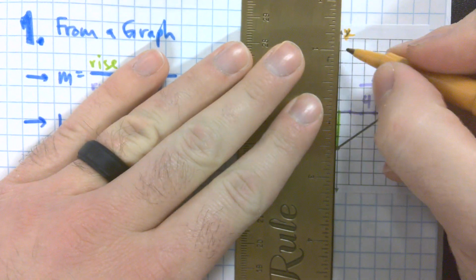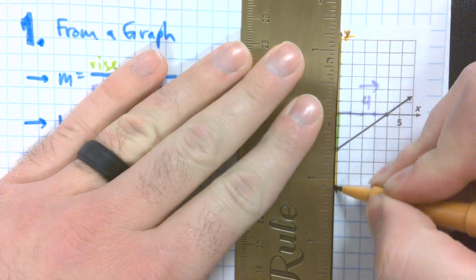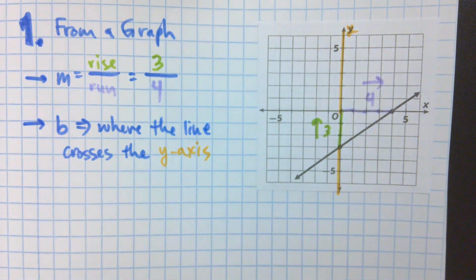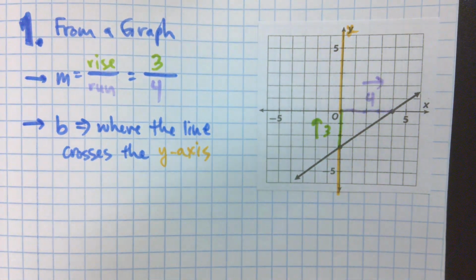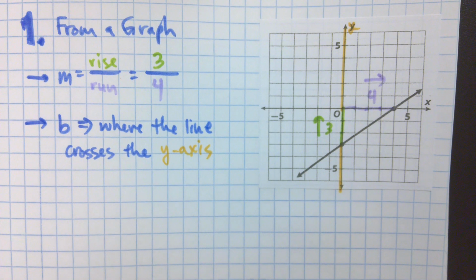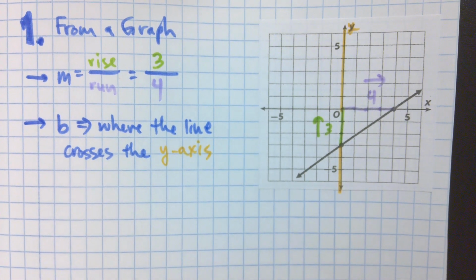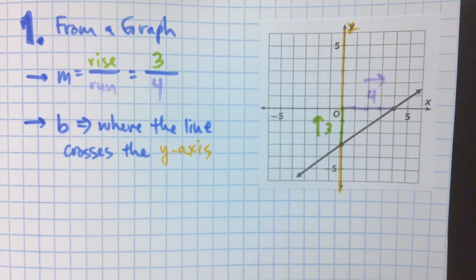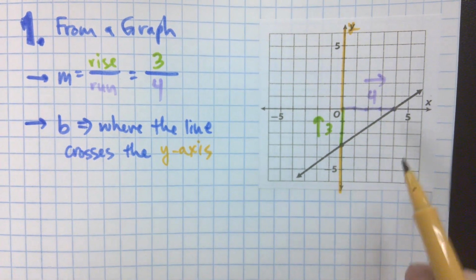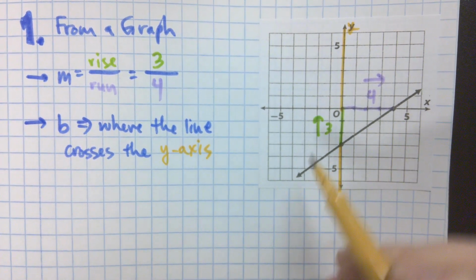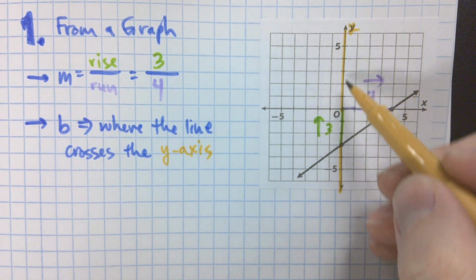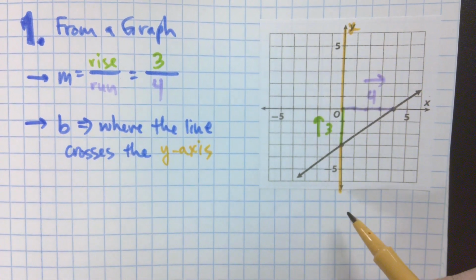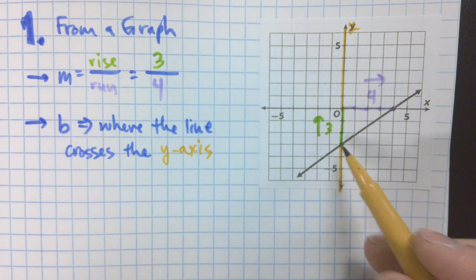My y-axis is this vertical line cutting down the center of our graph. Where does my diagonal line intercept or cross this yellow y-axis line? Right here at this point.